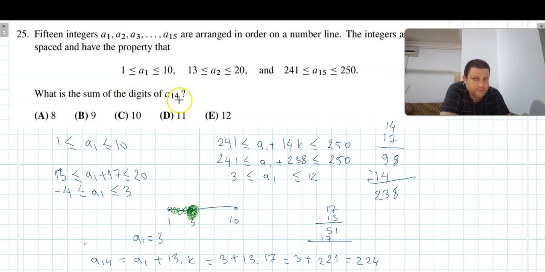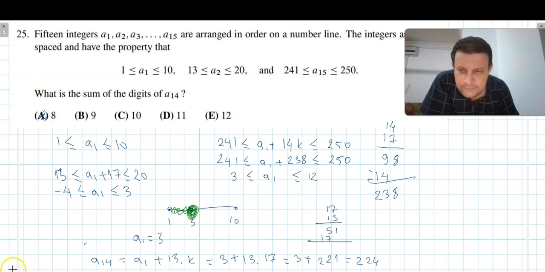The sum of the digits of A14 is 2 plus 2 plus 4, which is 8.